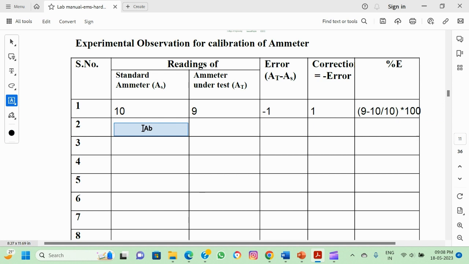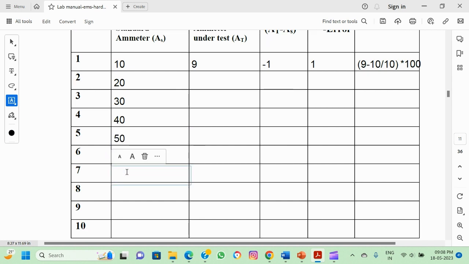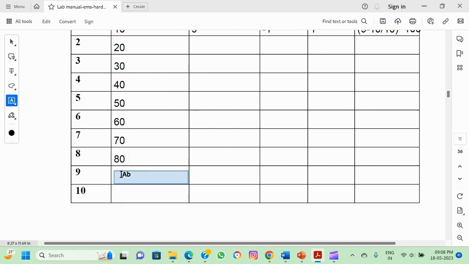So you can take some random values, what we will do, we will take 10, 20, 30, 40. We will increase up to 120. 50, 60, 70, 80, 90, and this is 100.